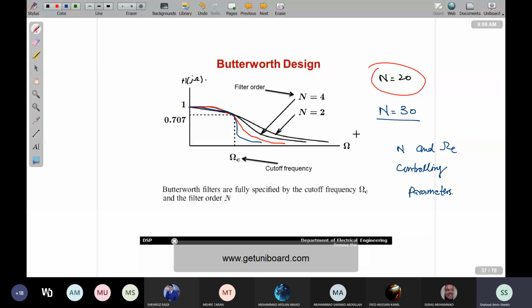So meeting the specifications given to us, we want that our n should be as low as possible. So that's the requirement. Any confusions about this concept? No, sir. Okay.